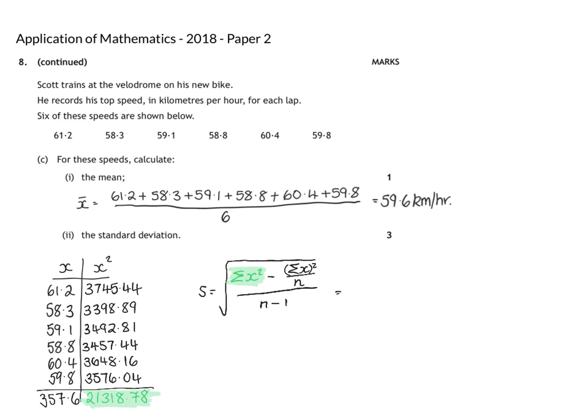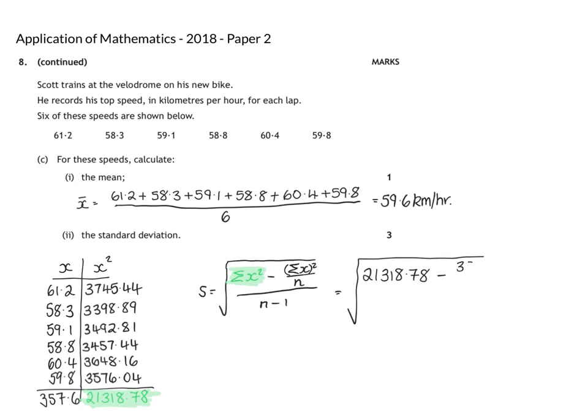we get the square root of 21,318.78. Take away, and then this next one, the sum of x, squared. So we've got 357.6, which we've got to square.